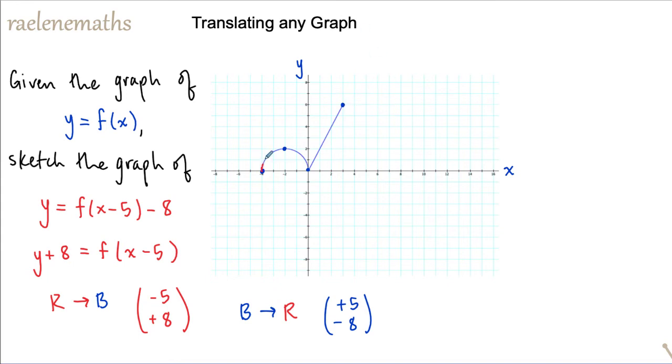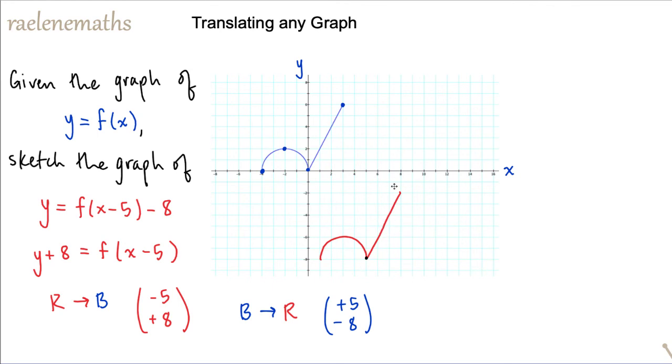Because I'm not scaling or resizing my graph, I can just translate this graph 5 spaces to the right. So if I use my 0, 0 point as my start point, I want that point to map onto 5, -8. And so I'm going to translate 5 right, 8 down.